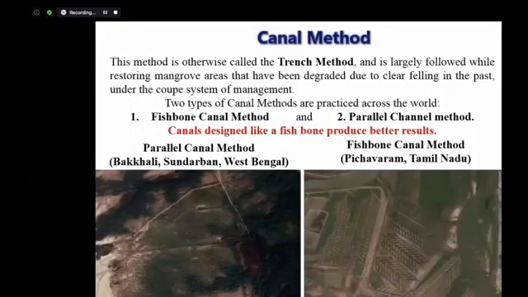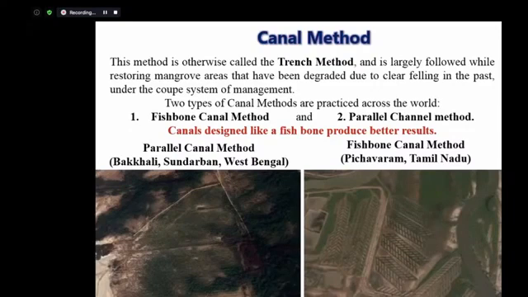And again, I have proposed 2 processes: the parallel channel method and the fishbone method. In the right hand image, you can see the fishbone technique. Fishbone means the shape of the regeneration program is like a fish bone, and the other is the parallel method.